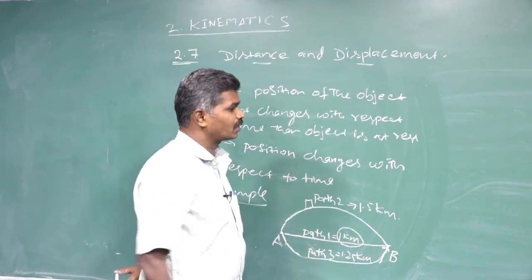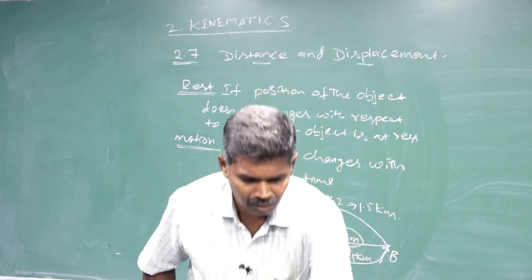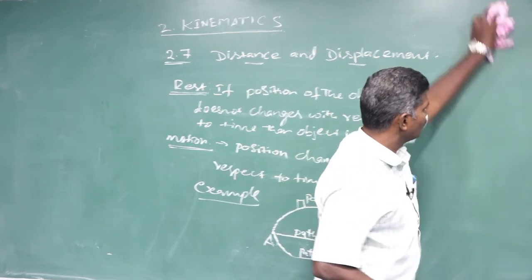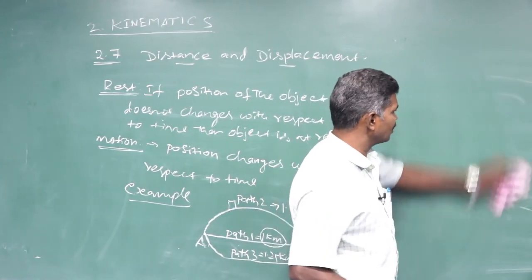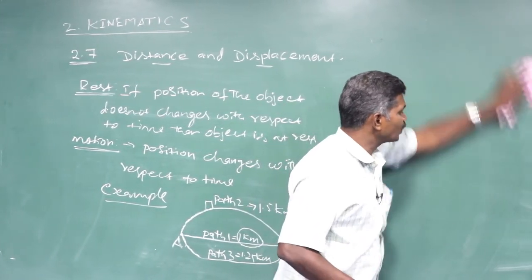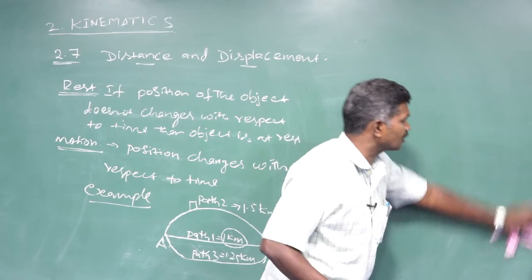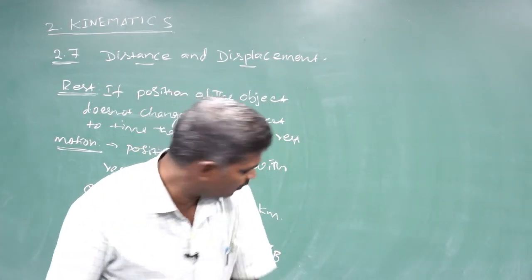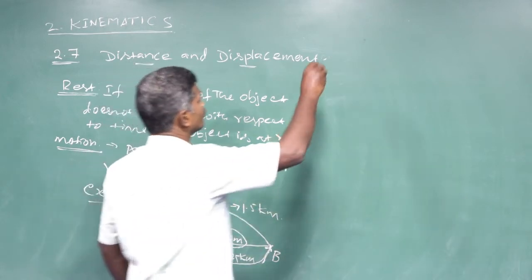At the time of traveling, we want to calculate the distance traveled. Actually, distance traveled is nothing but the actual length of the path at the time of motion.